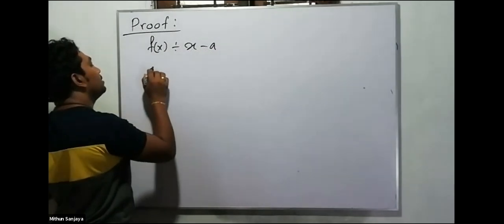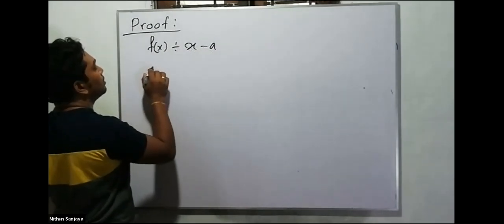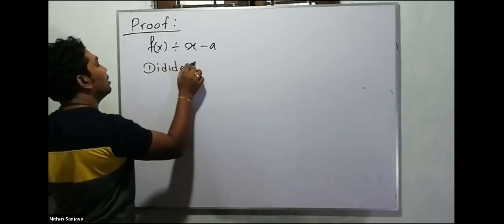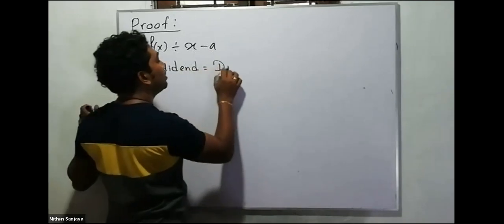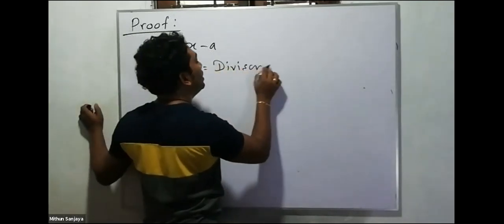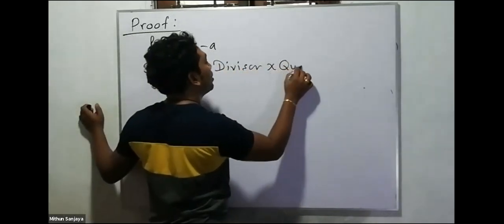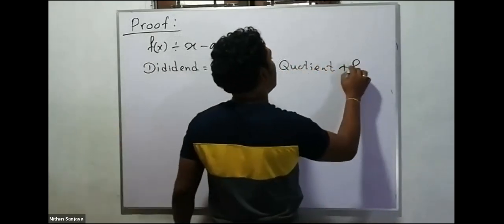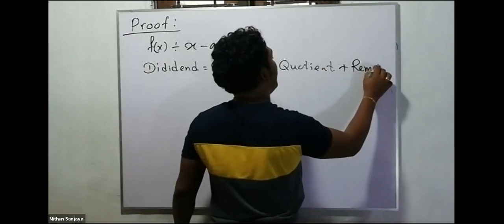We know that dividend equals divisor times quotient plus remainder.